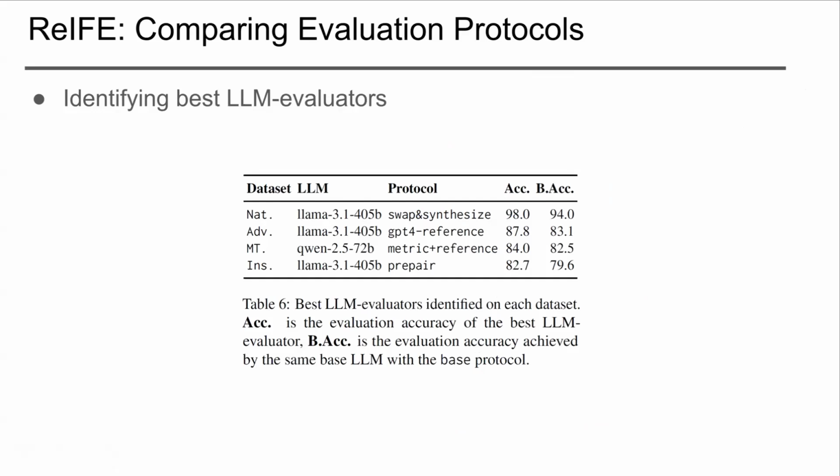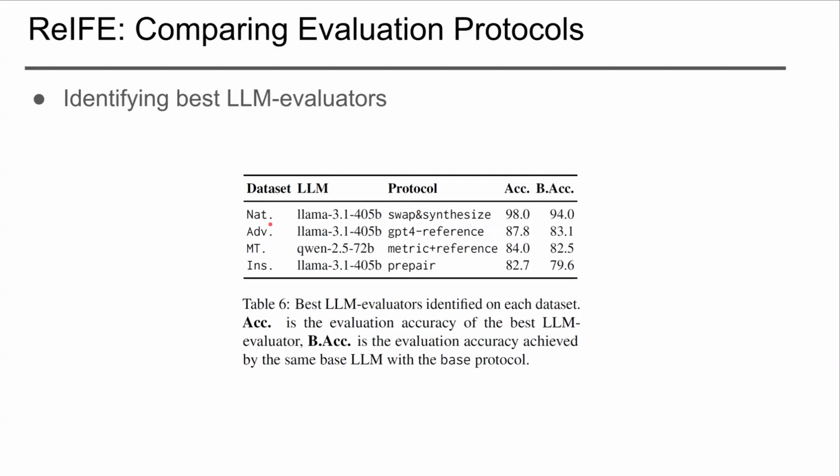Okay, so far I've been talking about evaluation protocols, not models. Now the question becomes, if you want to use just an LLM, which LLM works better with what protocol? So it turns out that it's not very consistent. The best protocol can be different for each model and each data set.